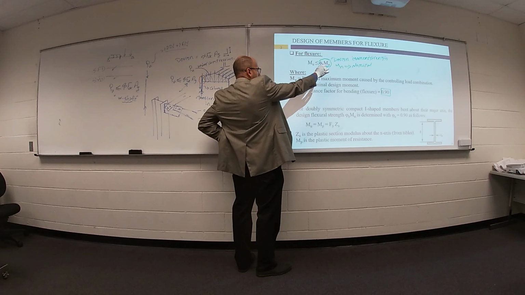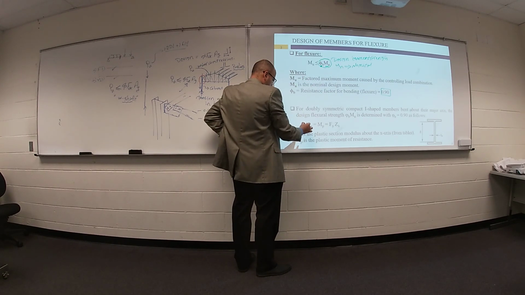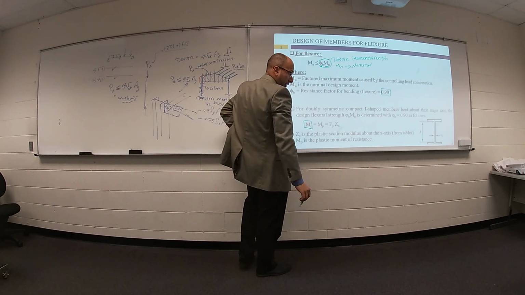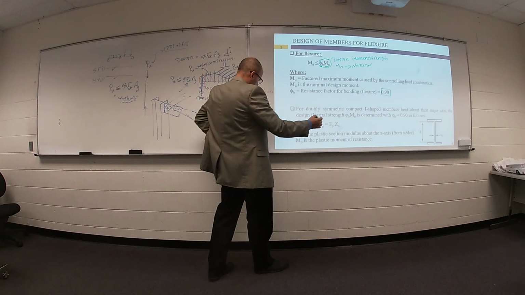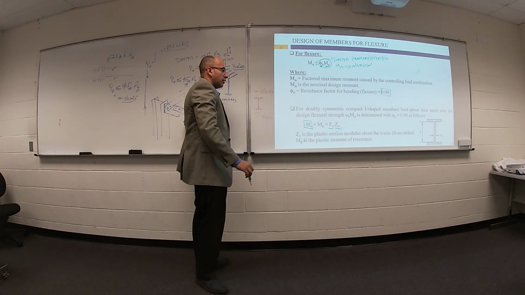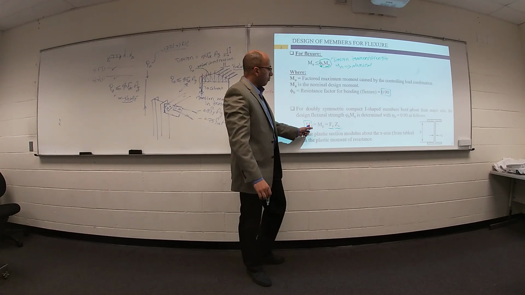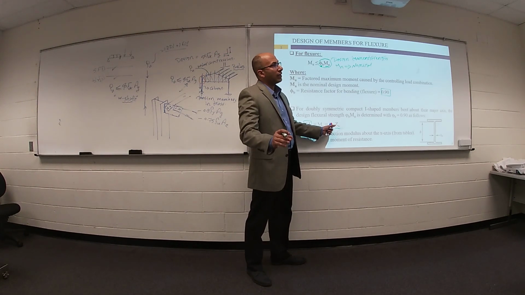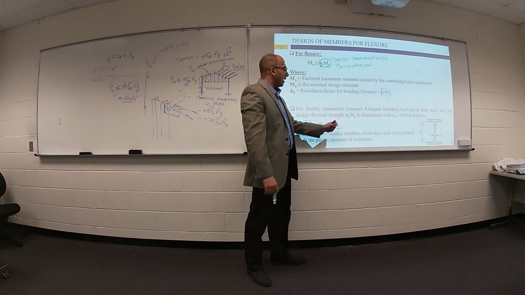Your nominal moment, Mn, equals something called M plastic, which equals F yield Zx. That's all. So Mn, nominal moment, equals F yield. We know F yield based on what type of steel.